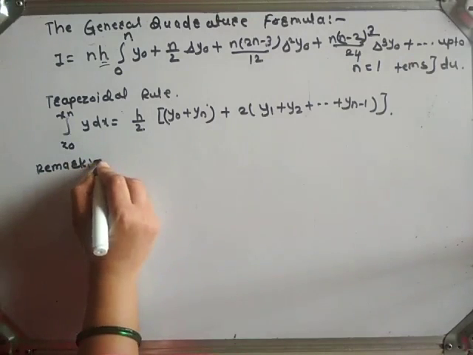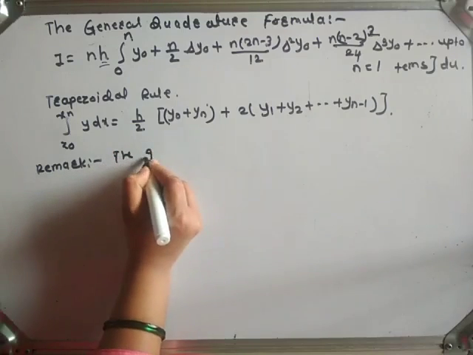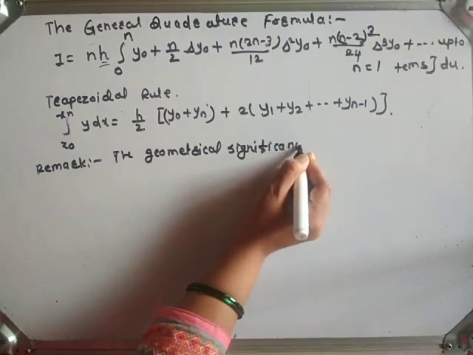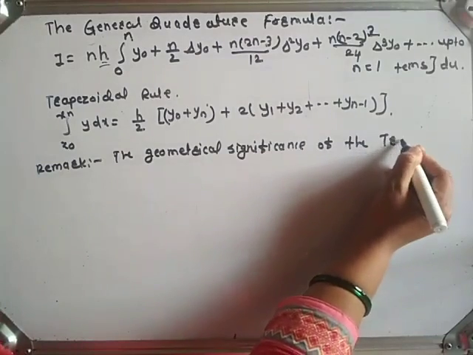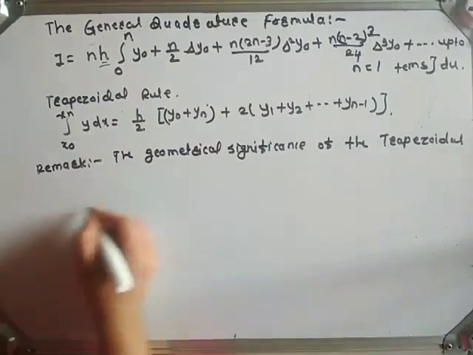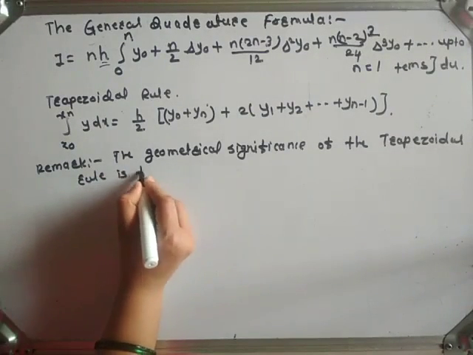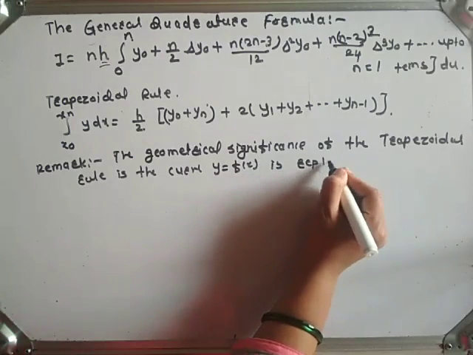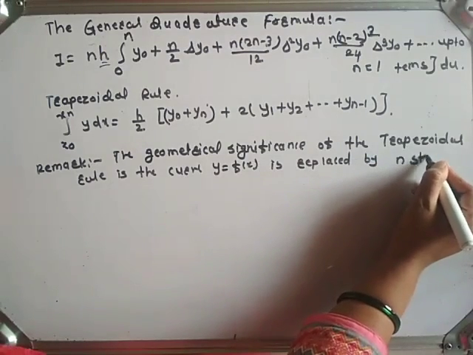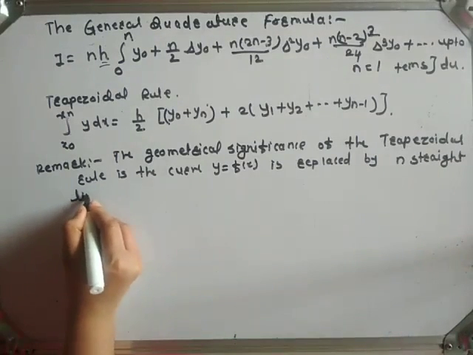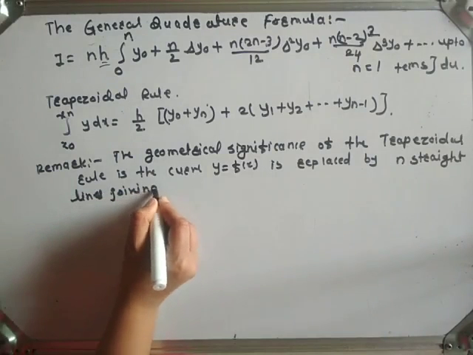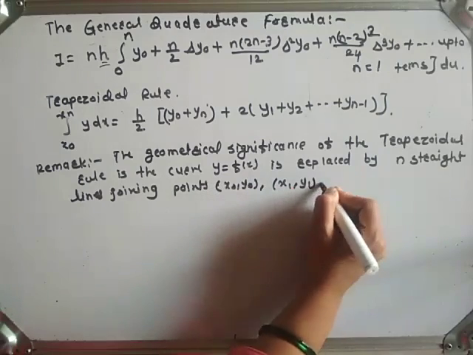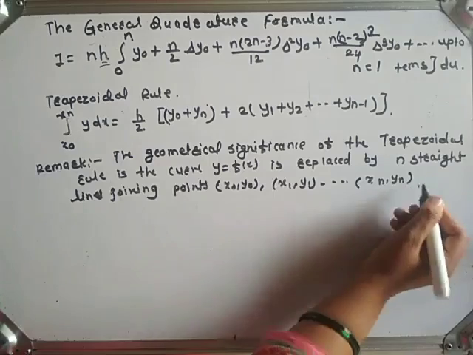Let us write down one remark. The geometrical significance of the trapezoidal rule is the curve y equals f of x is replaced by n straight lines joining points (x0, y0), (x1, y1) and so on up to (xn, yn).